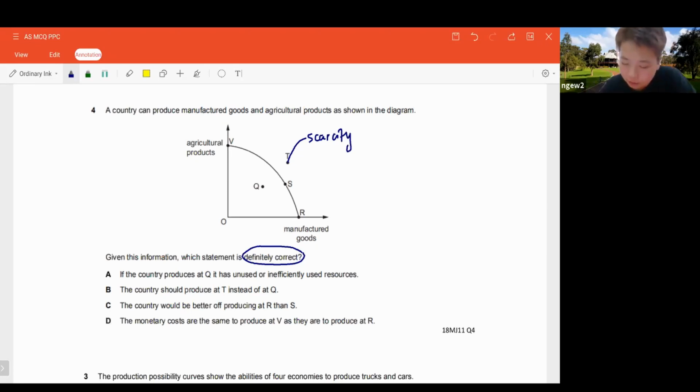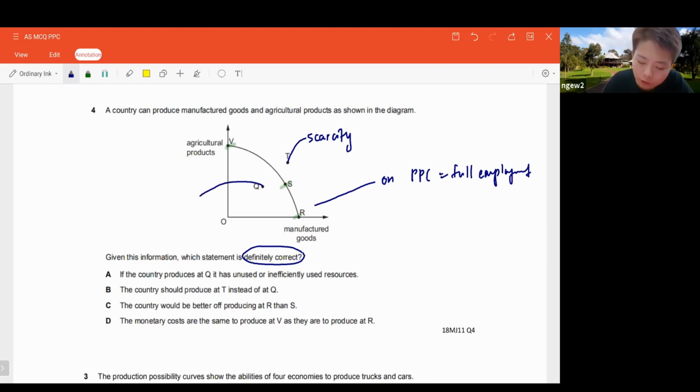Okay, and next, we also learned that when the point is on PPC, like this V, S, Q, they show full employment, which means your resources are fully utilized. And next, when you are at a point below PPC, it shows that you are inefficient.